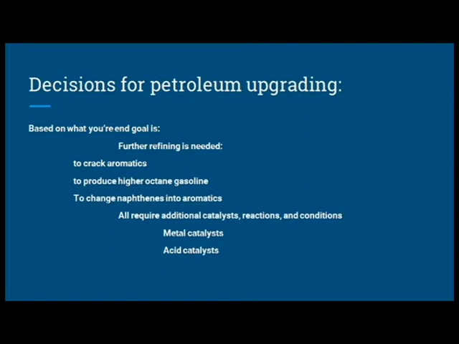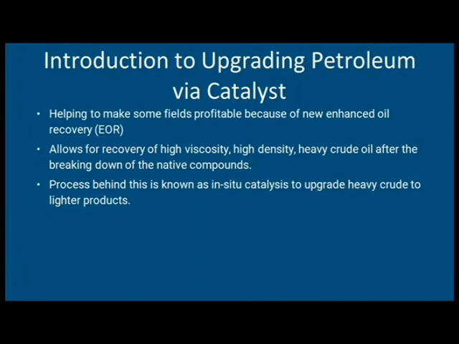We have to crack our aromatics in order to produce higher octane gasoline, and then change the naphthenes into aromatics. They all require additional catalysts for their reactions and conditions, and metal catalysts and acid catalysts are going to dictate whether or not the reactions are going to occur and how they're going to occur.